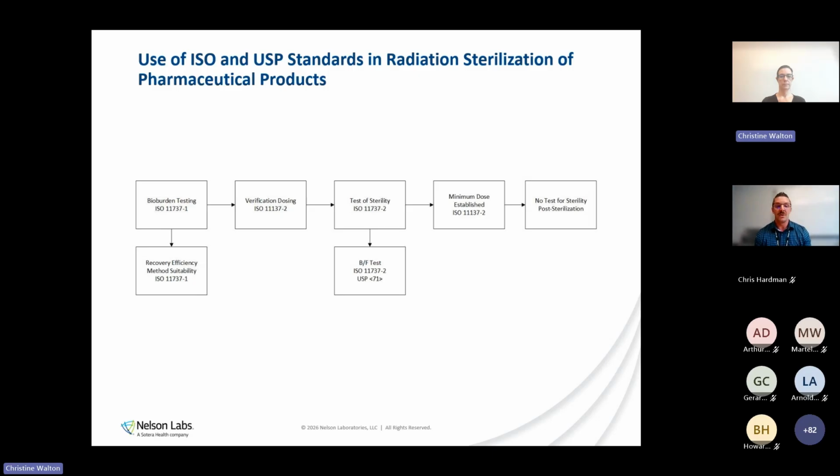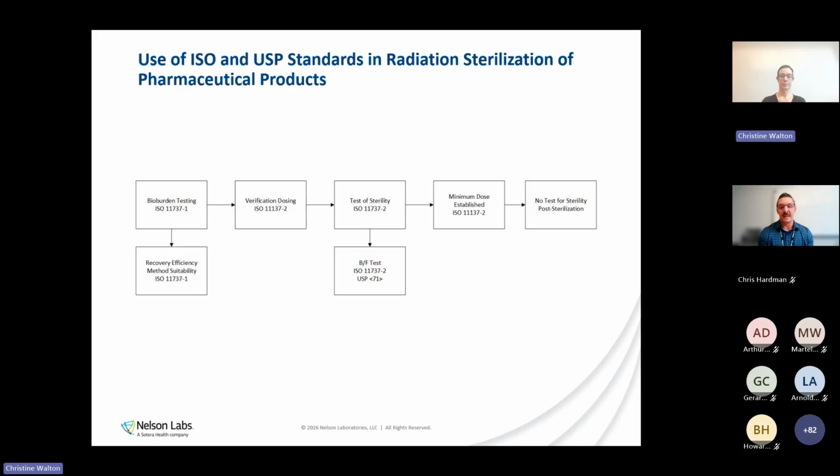After our verification dose is applied to those products that we are trying to establish a sterility assurance level on, we move forward with test of sterility testing following ISO 11737-2, and bacteriostasis and fungistasis (B&F) testing, which is pulled from 11737-2 as well, but is largely based off of USP 71.